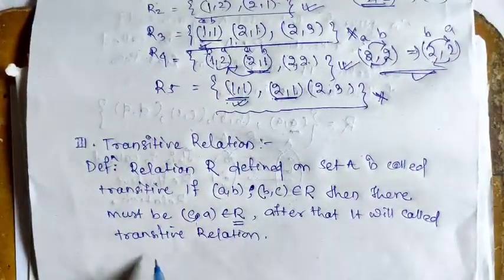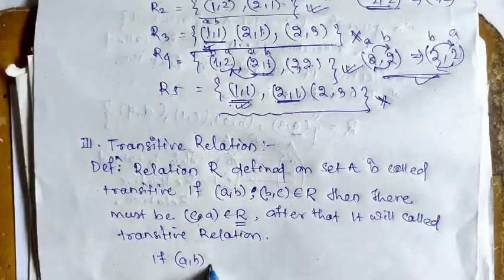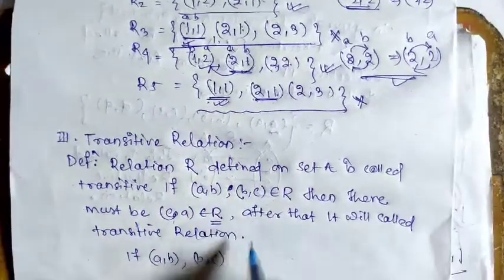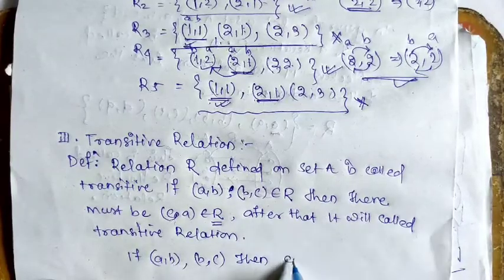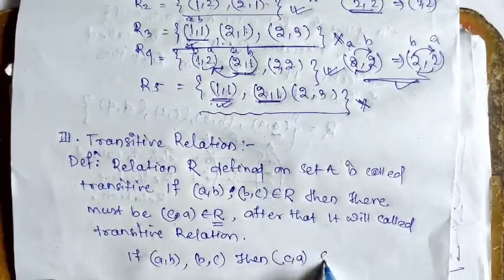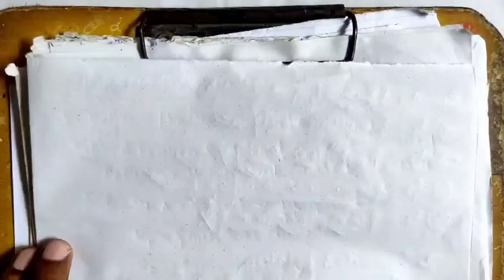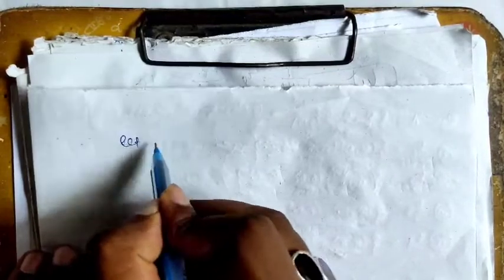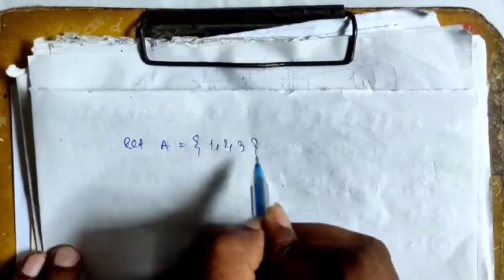This means if the AB order pair is present and the BC order pair is present, then there must be CA also present in R. For example, let A be 1, 2, 3.